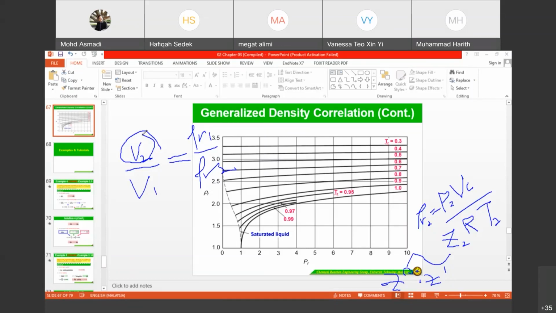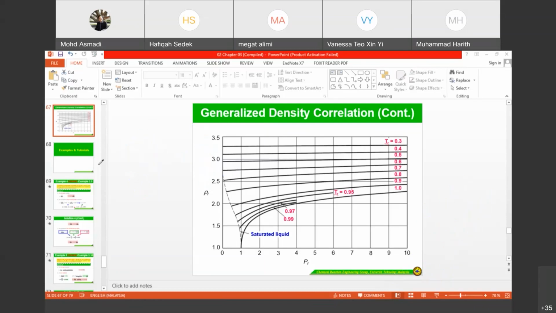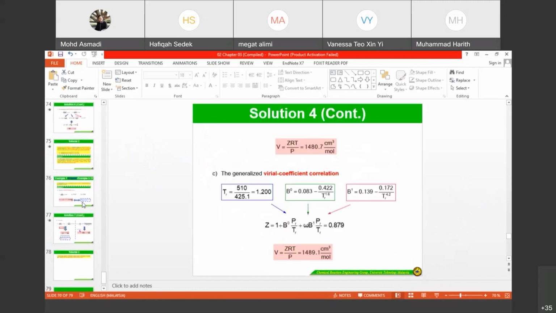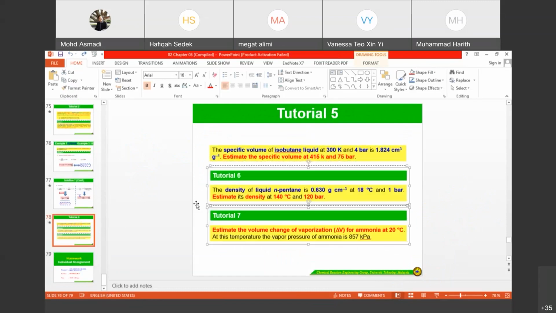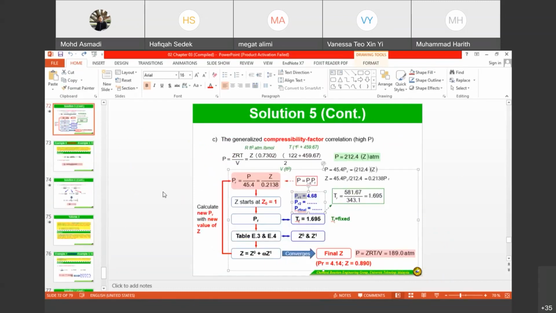Any more questions before we stop? This is just a tutorial, and the assignment is not from here.